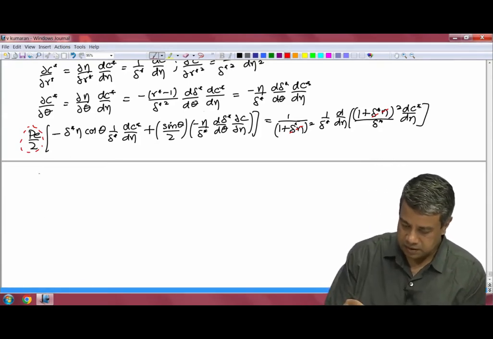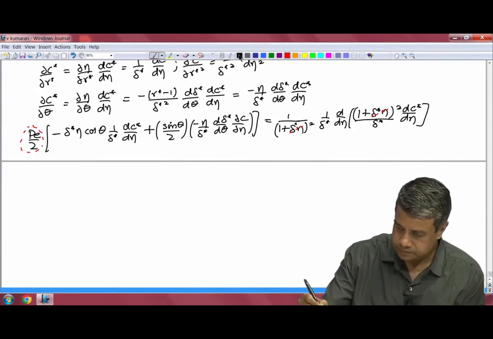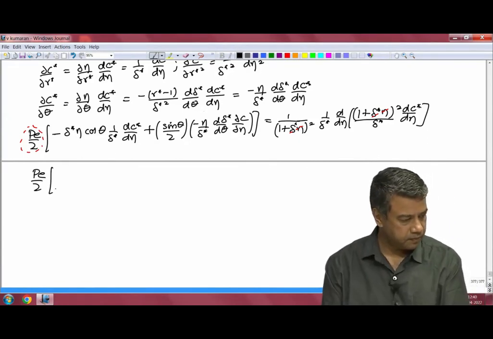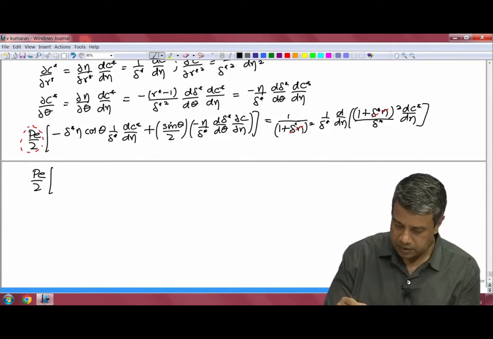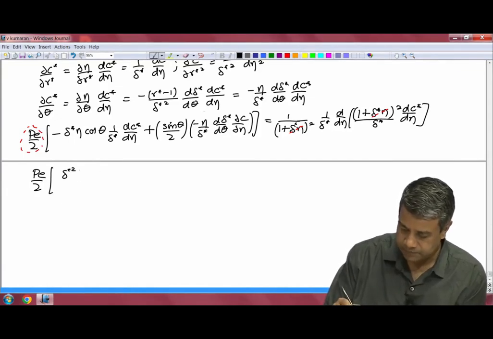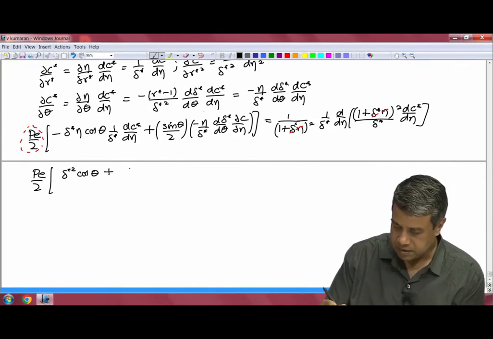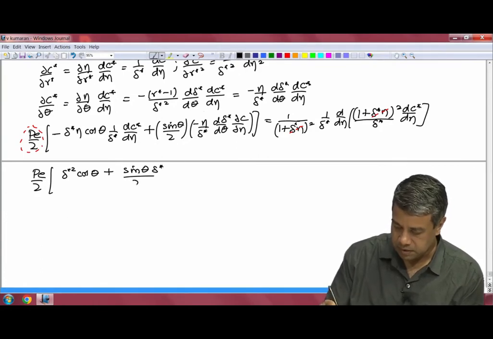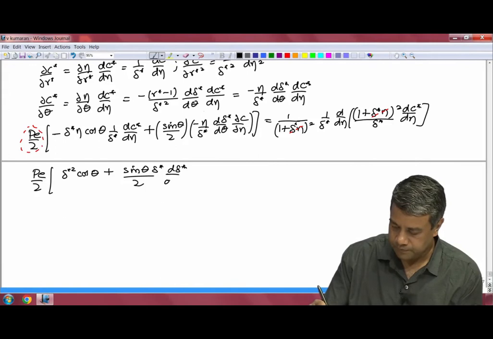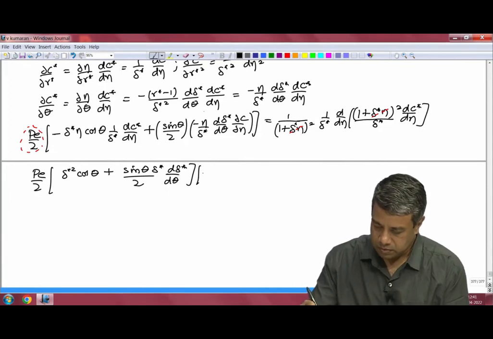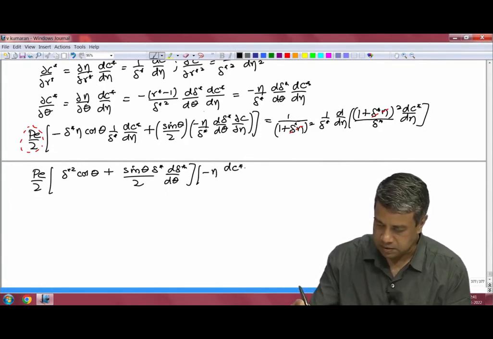So, putting all of these together, the equation becomes Pe by 2 into delta star square cos theta, it is a scaled distance, plus sin theta delta star by 2, into minus eta dc star by d eta.